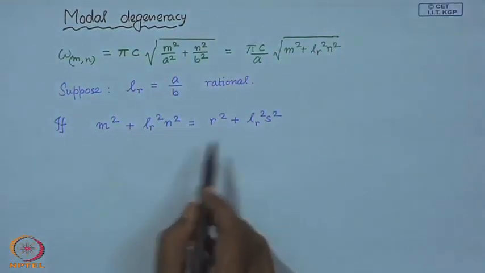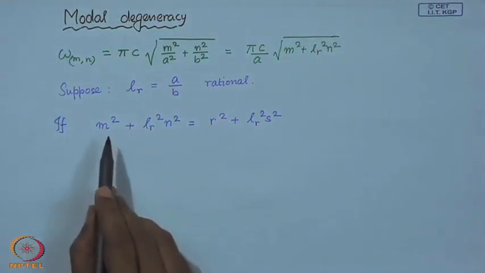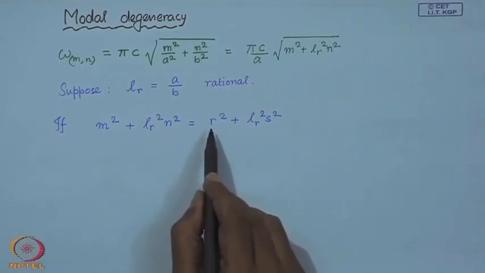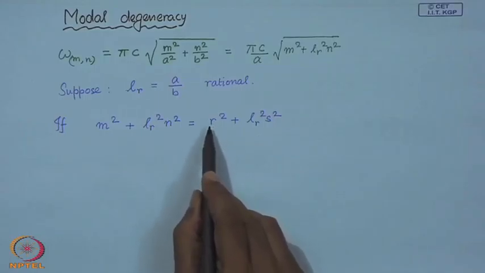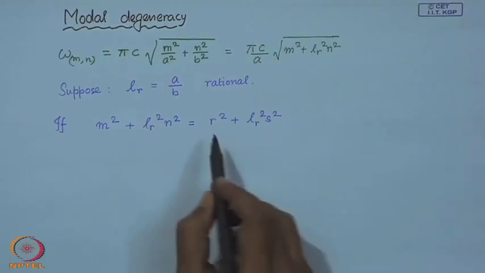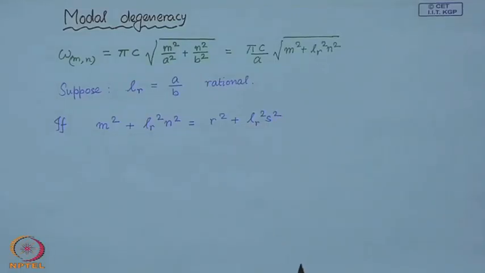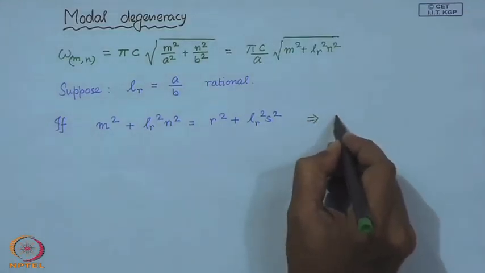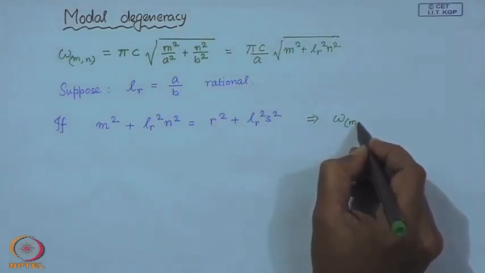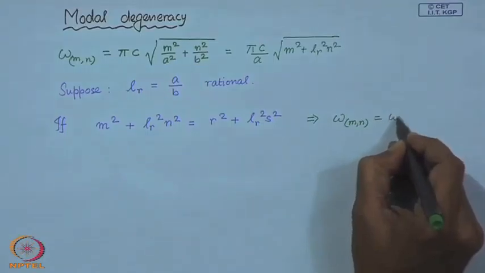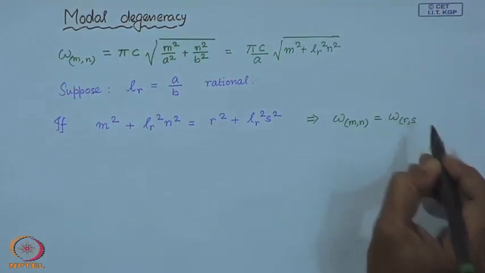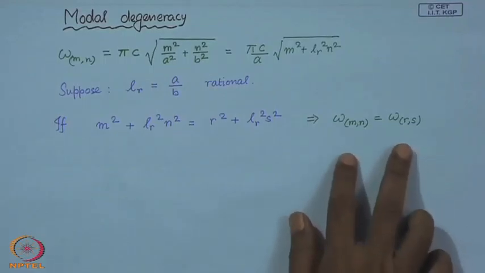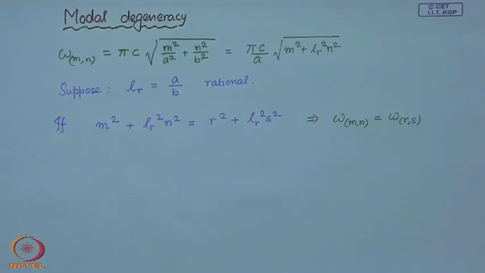So, now for a given m n, if there exists another mode with r and s such that these are equal, in that case we have two identical circular eigenfrequencies.